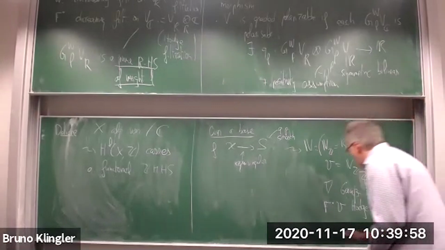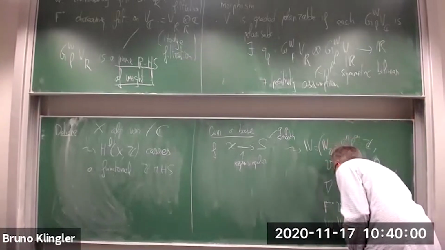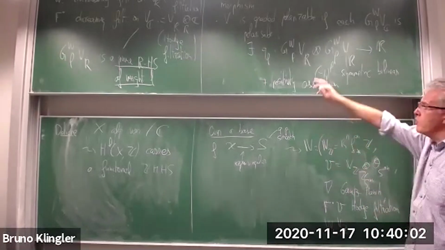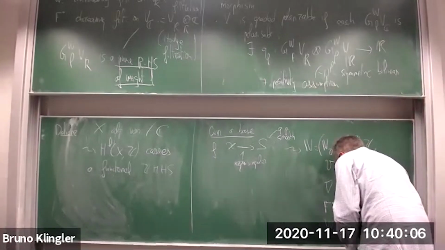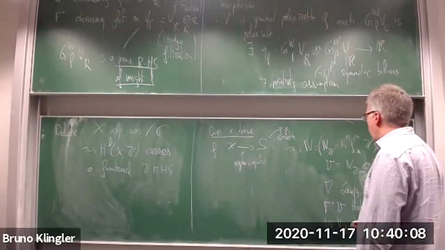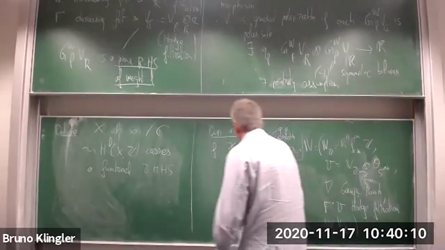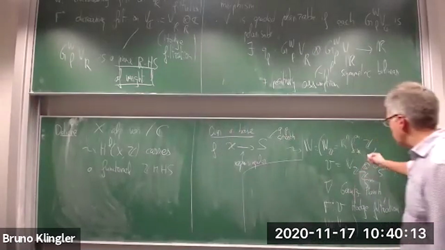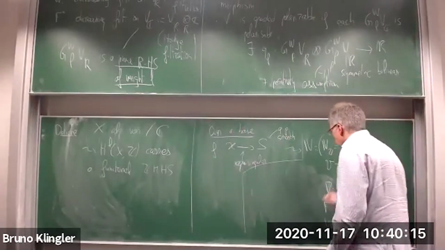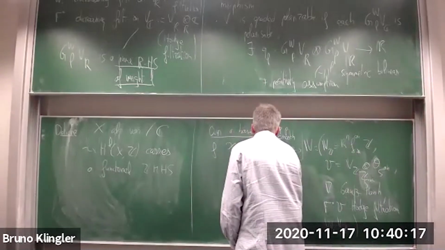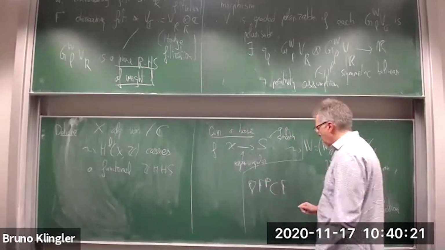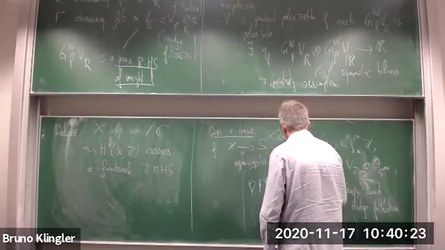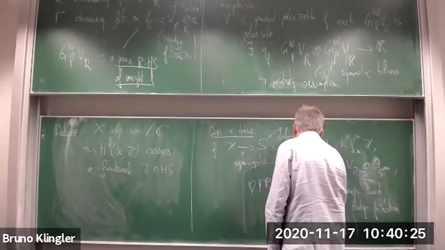And I have the weight filtration on my local system coming from the weight filtration on the fiber, and this is really locally constant. Moreover, there is some compatibility condition between those data. When you apply nabla to F^p, then F^p is not stable, it's not a flat subbundle, but it's shifted by at most 1.